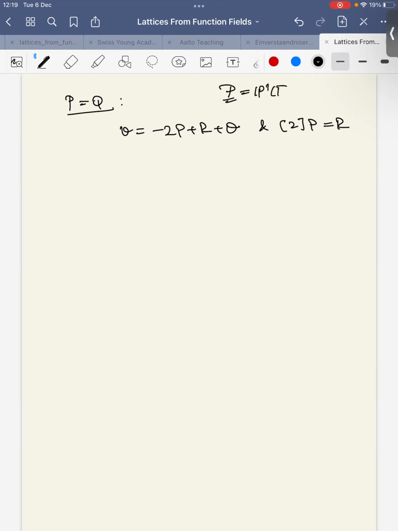And when P equals Q, then V is in the form of minus P plus R plus O, and P plus P is equal to R. By the assumption, we know that the set of rational points we fixed in the beginning has at least 5 points.